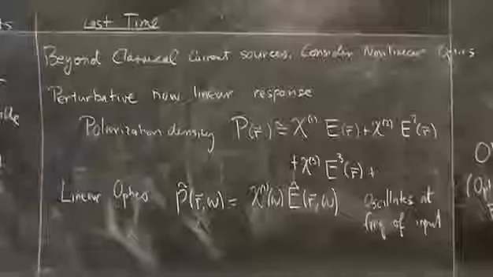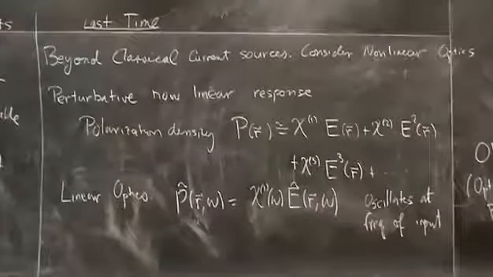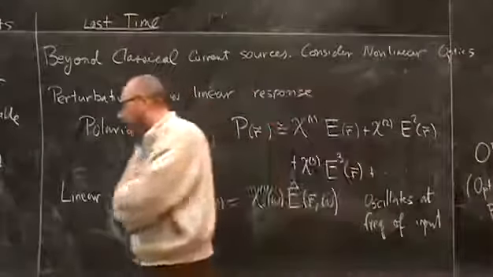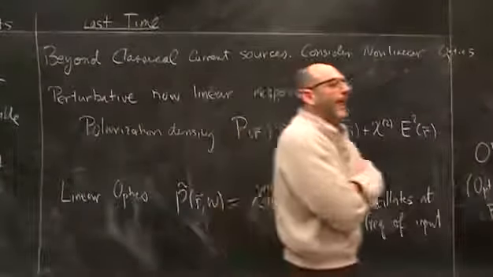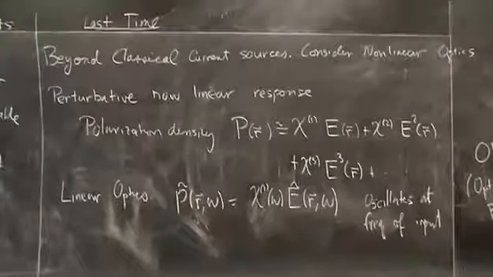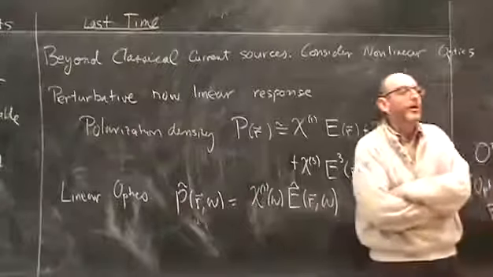So we were beginning our discussion of how we generate what we call non-classical light. And what we said, the way we've defined classical light to this point, is light whose state is describable as a statistical mixture of coherent states.